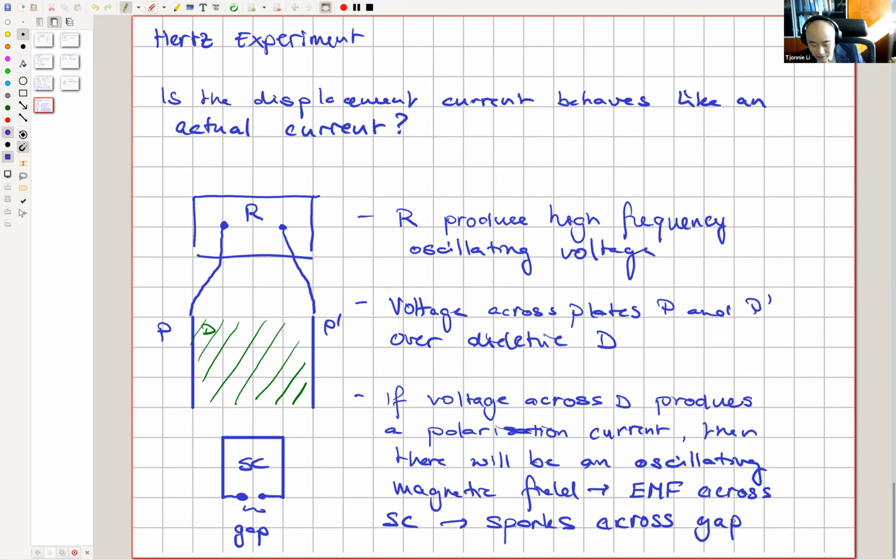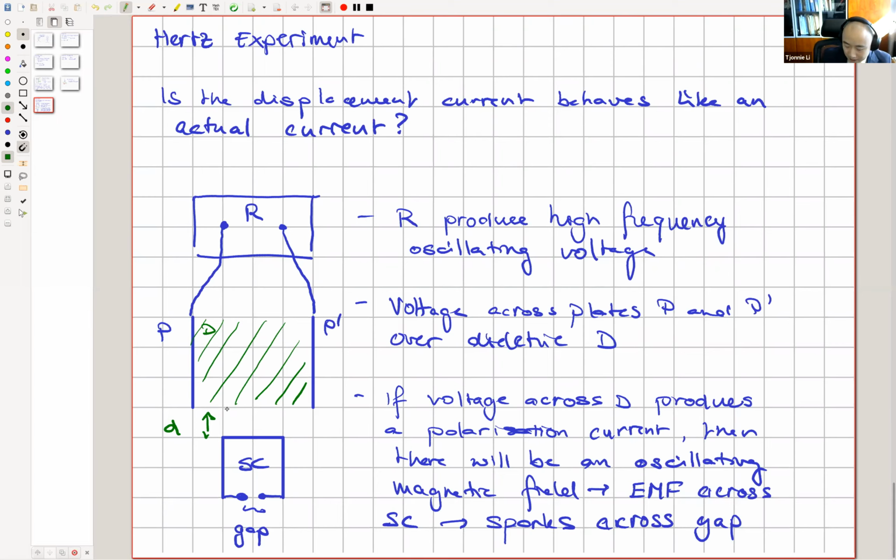Now, what is actually quite remarkable is not exactly in this setup, but a setup that is very similar to this. He placed some gap D, some distance in between.